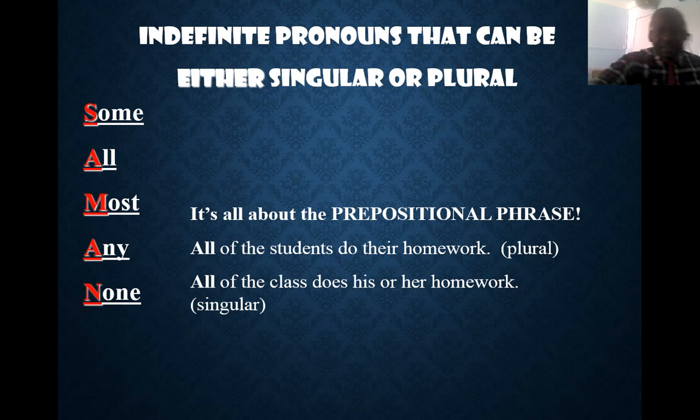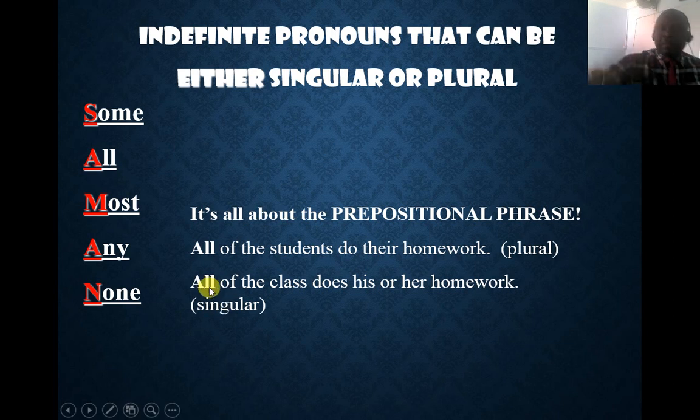In this case, after the first one, of the students, you notice that students are countable. You can count students. Therefore, it makes all, in this first case, plural. Do you understand? Now, in the second case, all of the class. Class is a collective noun. Collective nouns are treated as singular nouns. So it makes all, in this second case, singular.